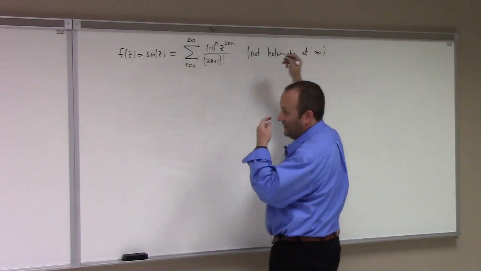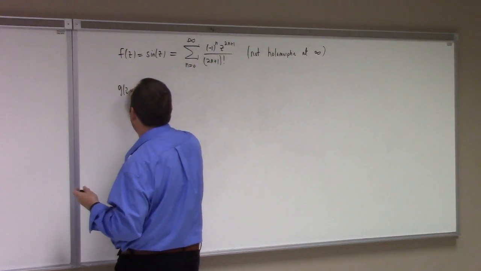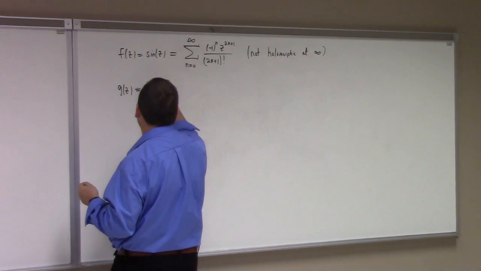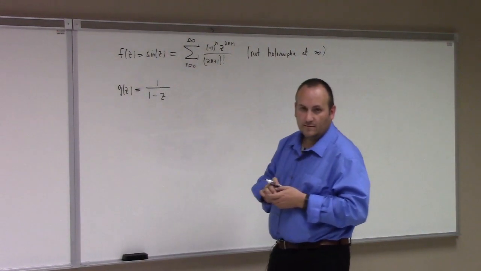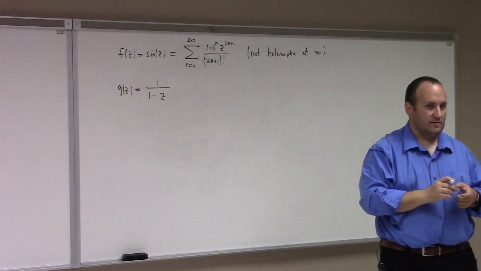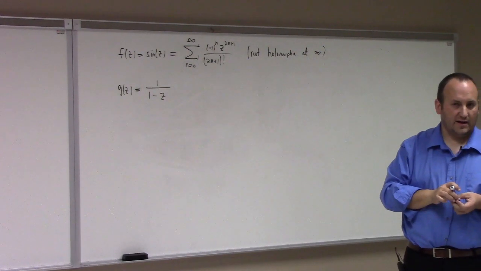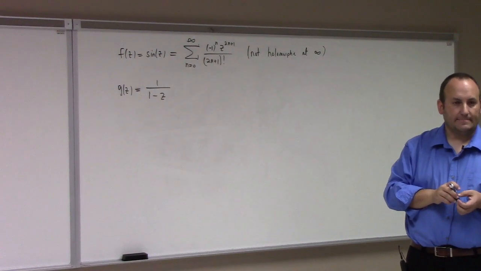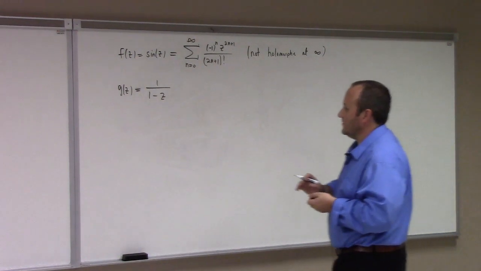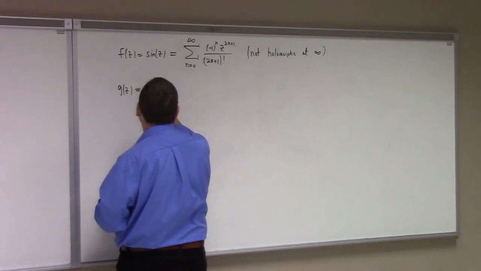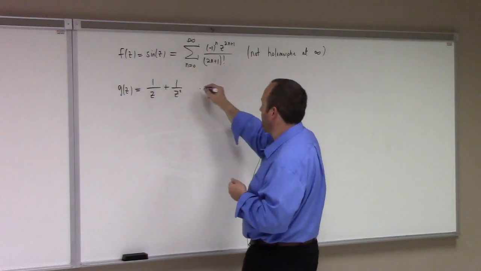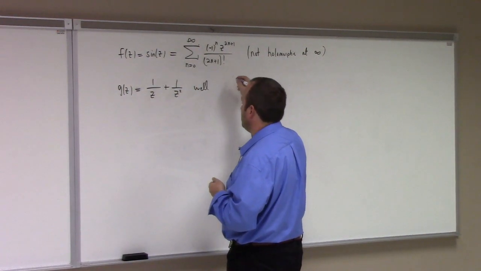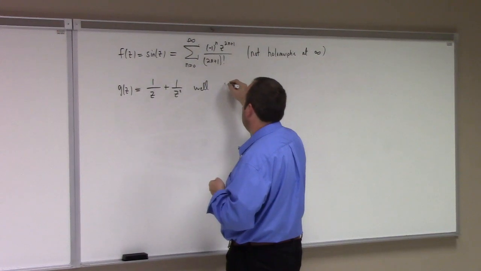In contrast, if we looked at, say, g of z equal to 1 over 1 minus z, is that holomorphic at infinity? I'm not sure right offhand. My suspicion is, well, let's make it simpler. How about this? 1 over z plus 1 over z squared. Is this holomorphic at infinity? Well, I need the corresponding function, maybe I should have called this f.